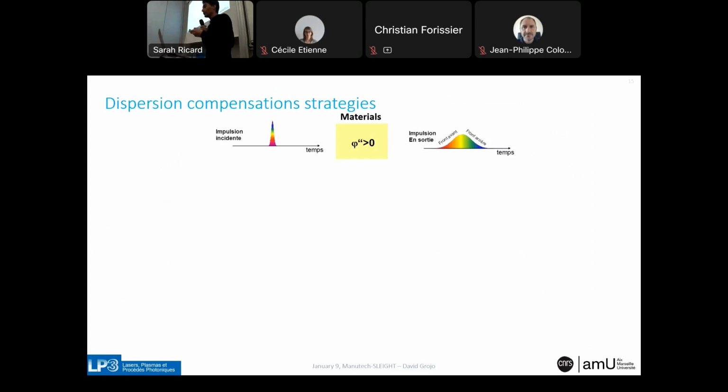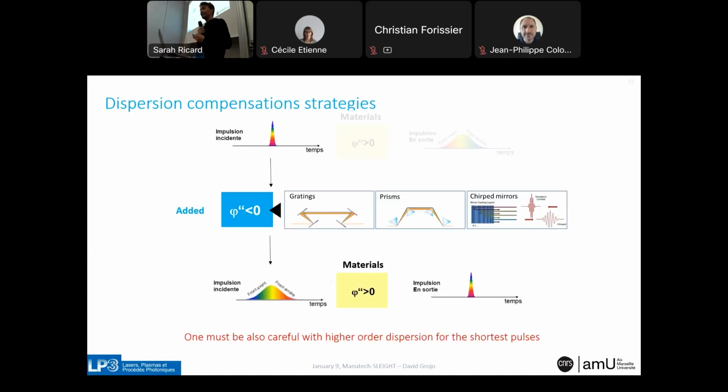So now, if you make a system that exhibits a negative GVD, something you can fairly well control by dispersive arrangements like grating pairs, prisms, chirped mirrors, depending on the level of GVD you want, you can use different techniques. But then you understand that with this negative GVD, you transform this pulse into a stretched pulse again, but with the blue arriving before the red.